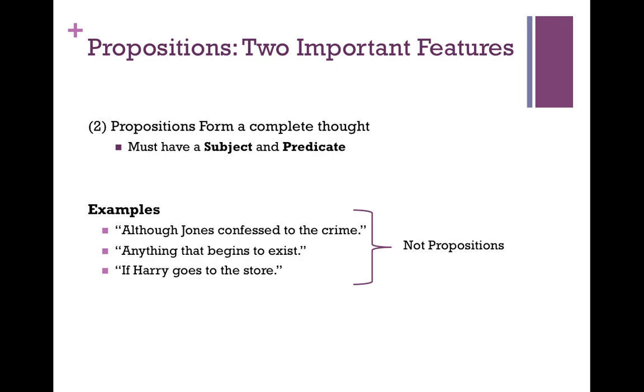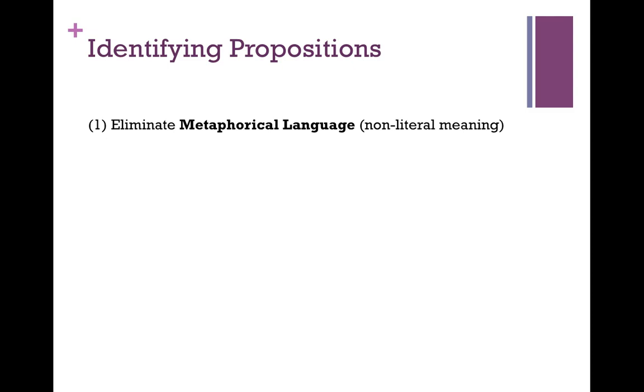I'm going to highlight a couple important ways that we need to go about identifying propositions. And the first thing I say about identifying propositions is that in order to specify the proposition that's being uttered, we have to first eliminate metaphorical language. Metaphorical language, as I say up here on the PowerPoint slide, is basically non-literal meaning.